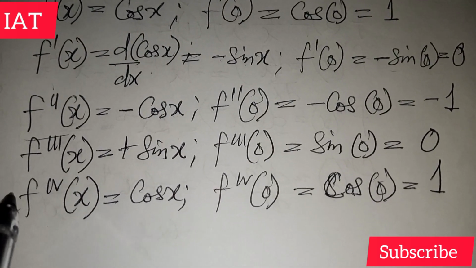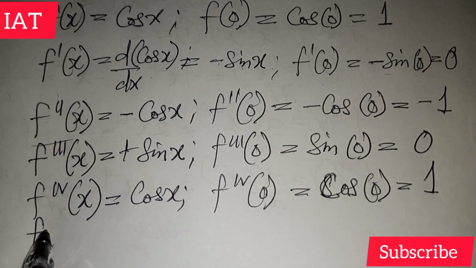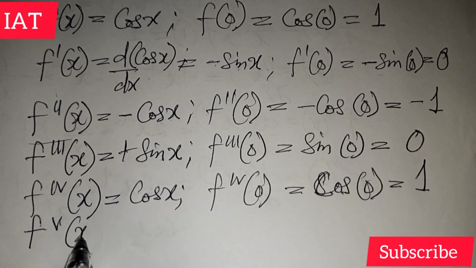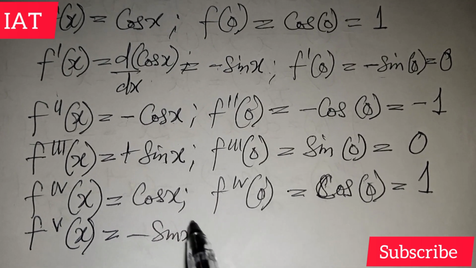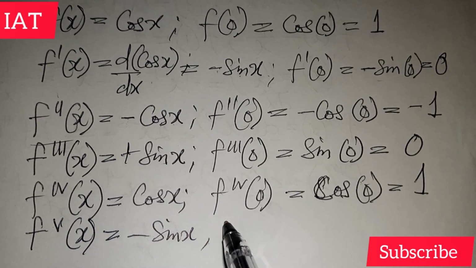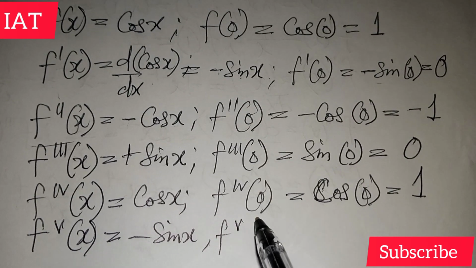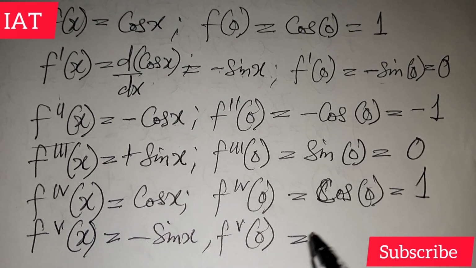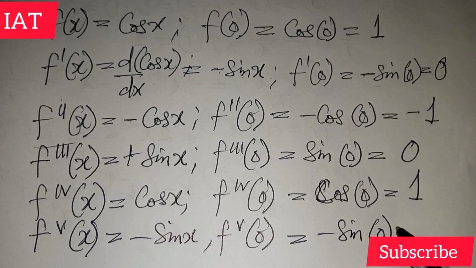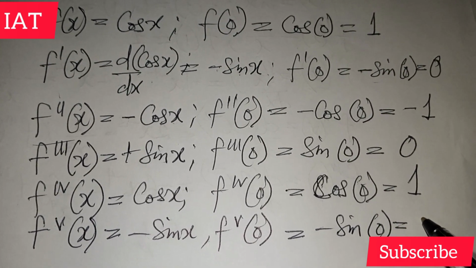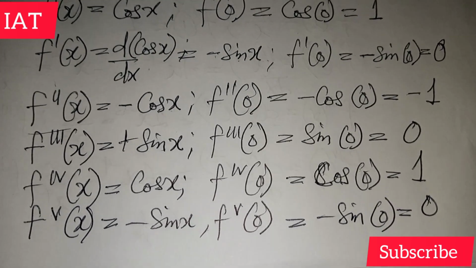You may want to play with it to the fifth derivative, and the result for cos will be minus sine x. And by the time you plot in 0 for x, you have minus sine 0, which will give us 0, right?